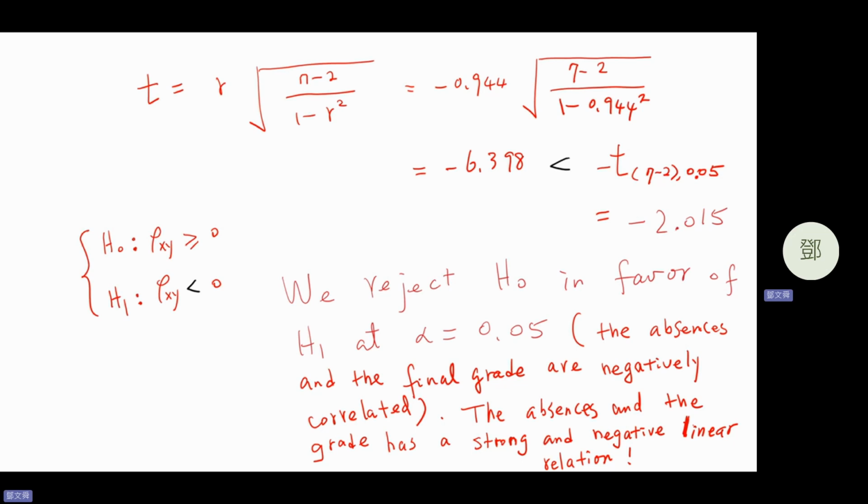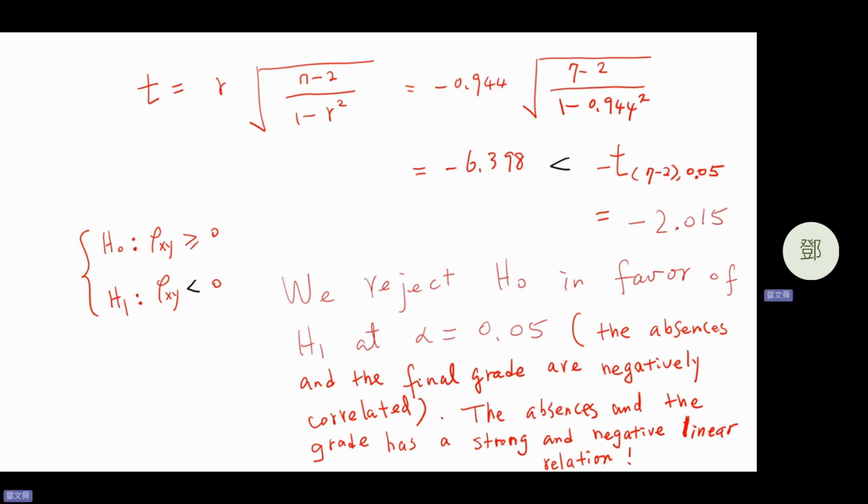And now here is our hypothesis setting. What is the action we take? What is the decision we make? The decision we make is to reject the null hypothesis in favor of the alternative hypothesis at the level of alpha equals 0.05, and it means you can also conclude that the absences and the final grades are negatively correlated.